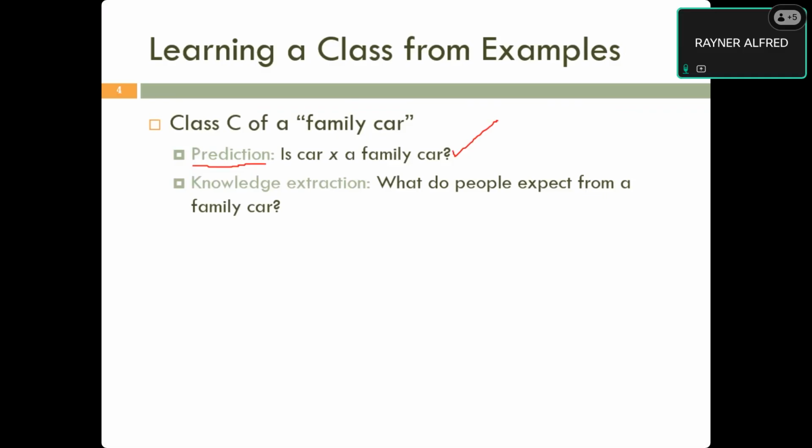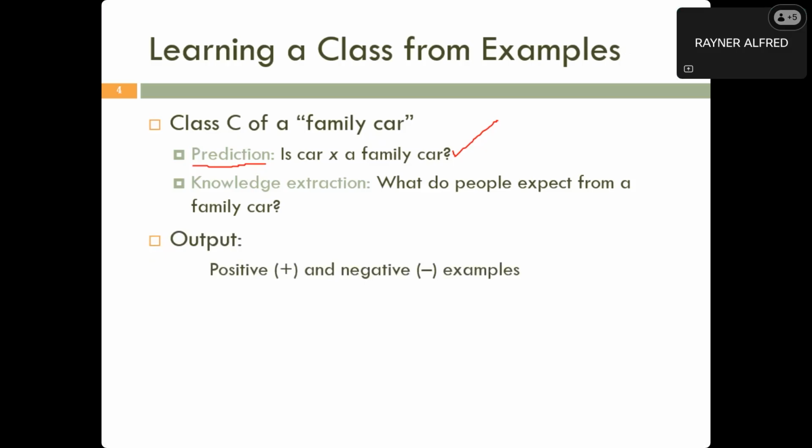But to consider a family car, you must have some features or criteria. For example, how many seats, how much power, and what size, and so on. But in this example, we will use the size. Later on, I will show you the graph.